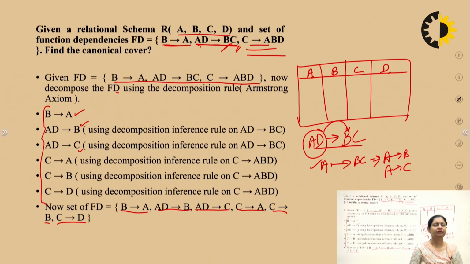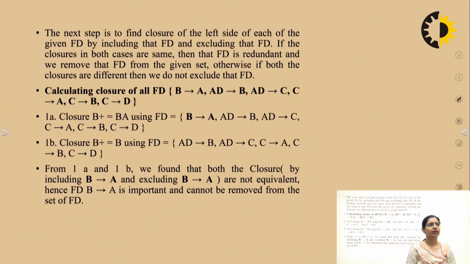So this is the very first step for any of the questions wherever we get to find out the canonical cover. Now the next step would be to find the closure of the left hand side of each of the given functional dependency, including the functional dependency and excluding the functional dependency.